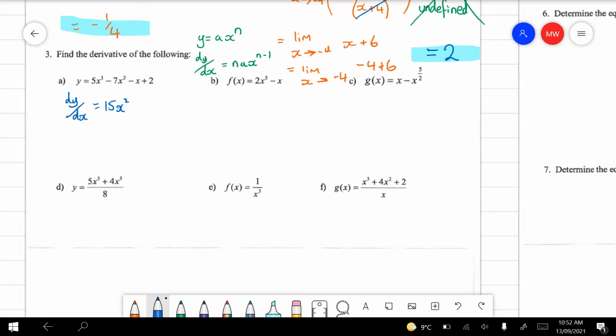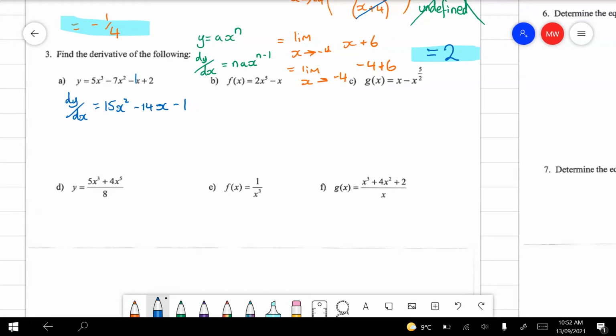Same all the way across, so minus 14x, minus 1. Any number in front of an x just becomes the number. Really what's happening is the x becomes x to the 0 and anything to the power of 0 is 1. Just don't bother writing it.